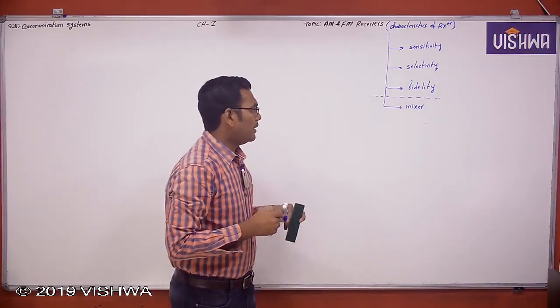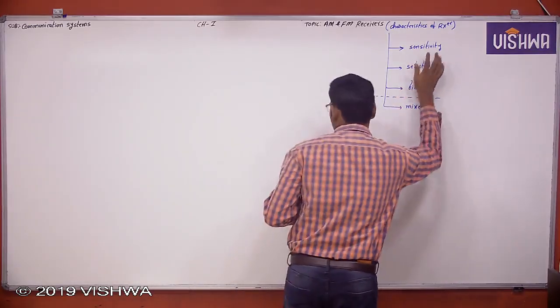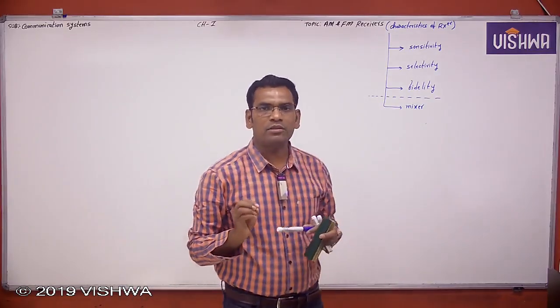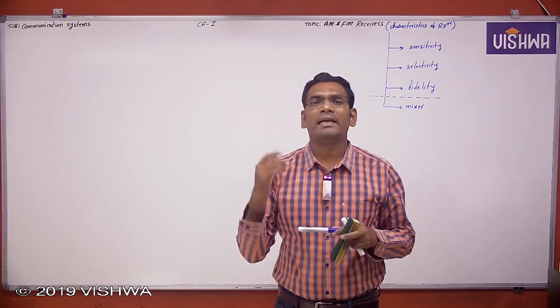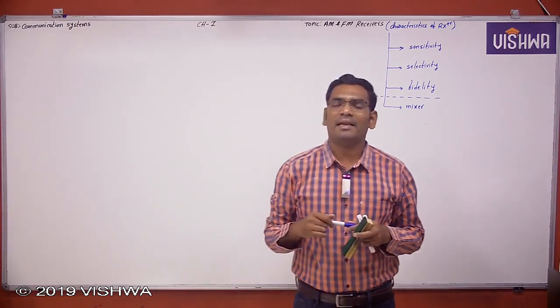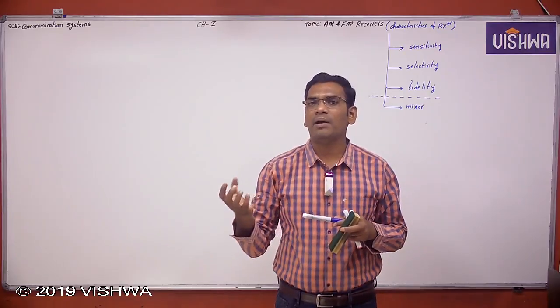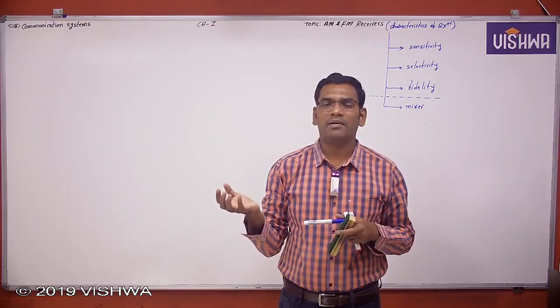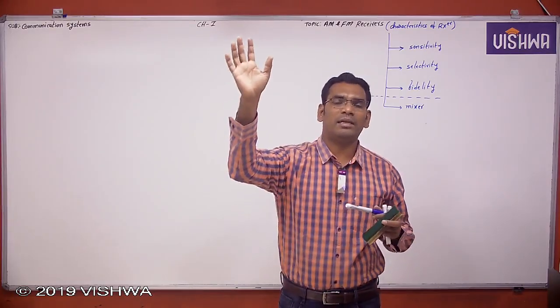Now you tell me, what is sensitivity? My question is, let us take an AM signal. The AM signal is transmitted by the transmitting antenna with a power of 100 watts. The signal strength, the power of 100 watts, is transmitted through the transmitting antenna.